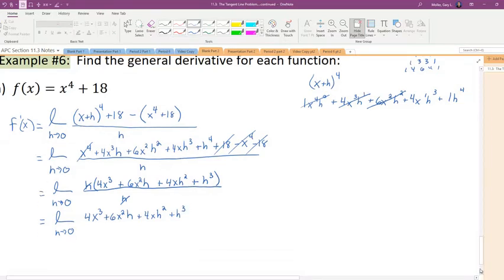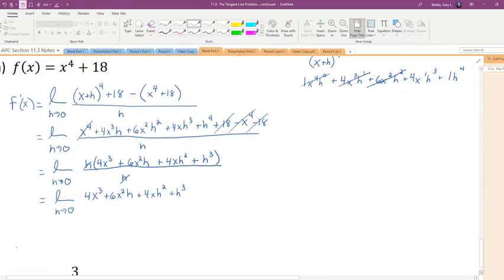Now I can finally actually plug in 0, and so the derivative of the function at any value x is going to be equal to, this goes to 0, 0, 0. That leaves me with 4x cubed. There's my slope generating function for x to the 4th plus 18.